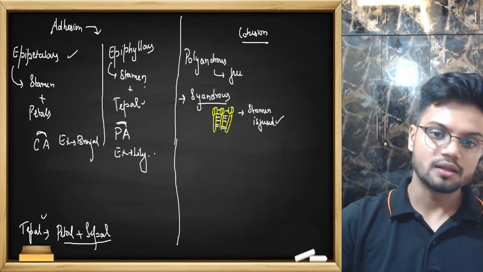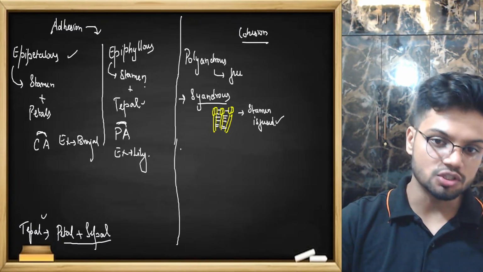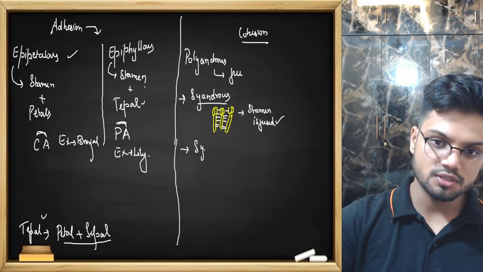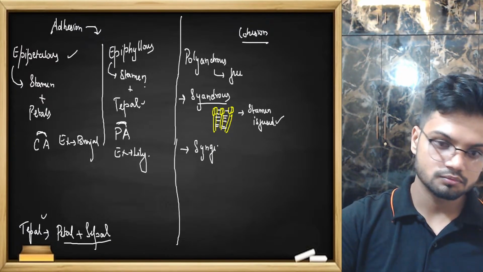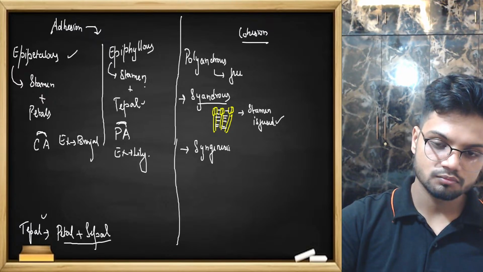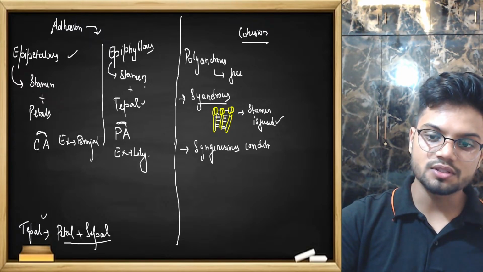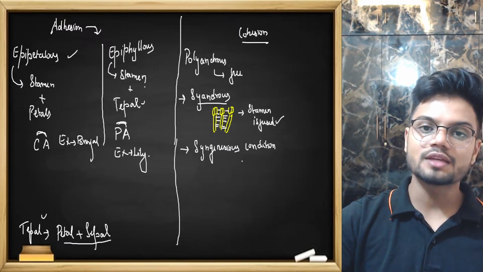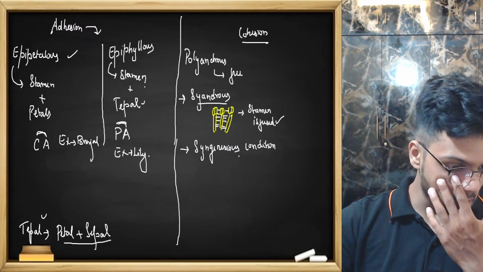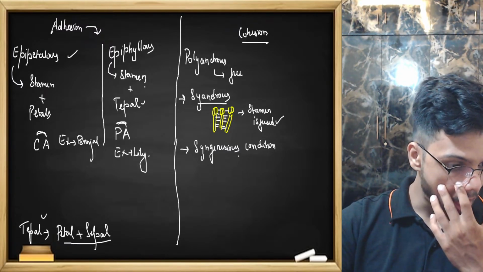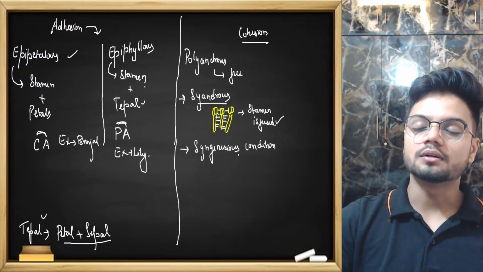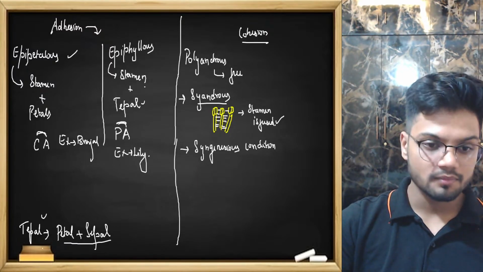Okay, understand. Now there's something called syngenesious condition. What happens in syngenesious condition, students? This is mostly seen in Asteraceae members.